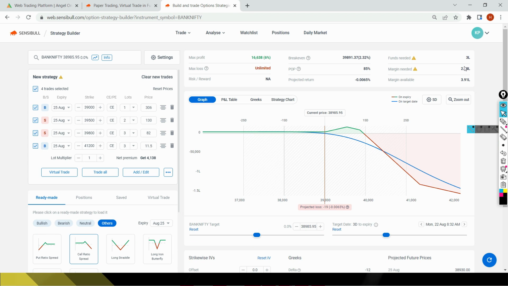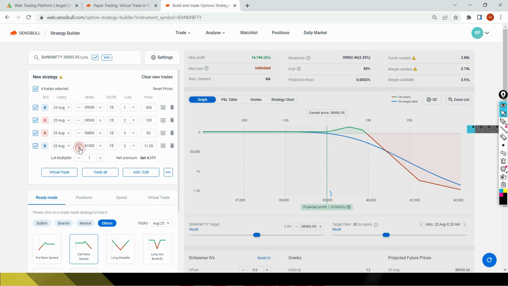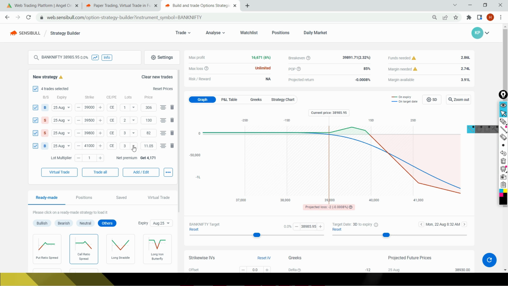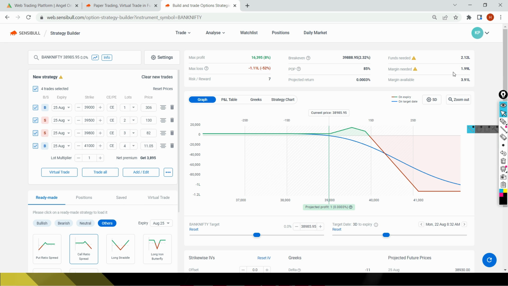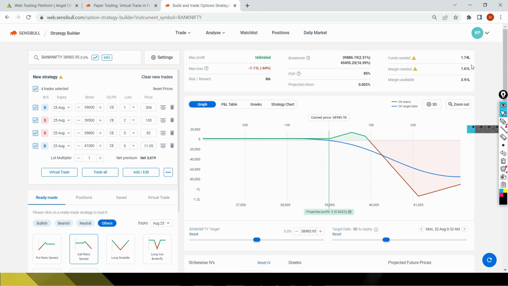If you want to reduce this margin, you have to become very aggressive in terms of buying more premium. See, I'll go one more time, 11 rupees, or else you have to increase the quantity. See, the moment I increase, 2.74 lakhs, the moment I increase, this has reduced to 1.9 lakhs. The moment I reduce the quantity or increase the quantity, now this has become 1.61 lakhs.